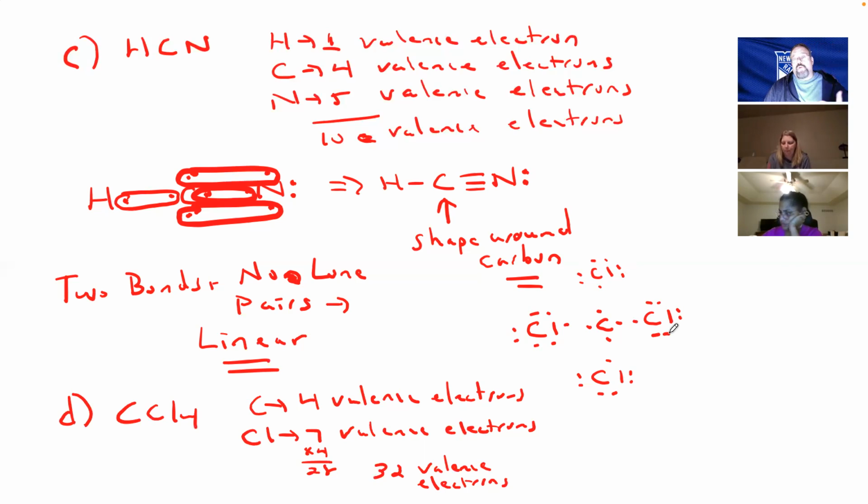Based on what we've done so far, what do you think is going to happen in order for each of these atoms to get to the magic number of 8? Well, the carbon with each of the chlorines individually are going to share 2 electrons. Between the carbon and each of the chlorines, you're going to have single bonds.